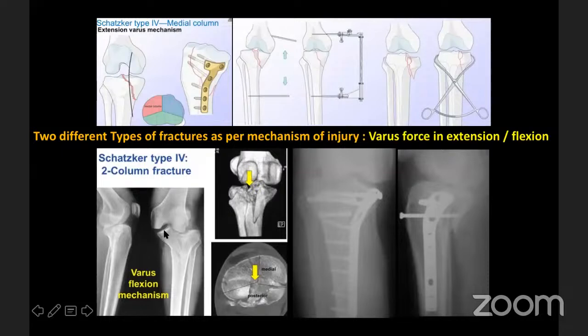So varus force in flexion is a bad injury. Varus force in extension is a simple injury. It just causes a medial condyle fracture. So both are medial condyle fractures, but they need different types of treatment. And if we treat a varus force in flexion injury like an extension injury, we can have a bad outcome.